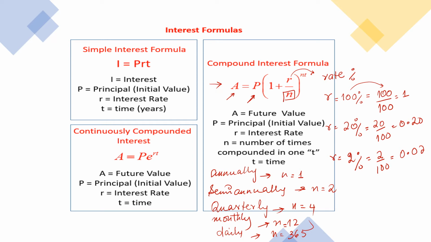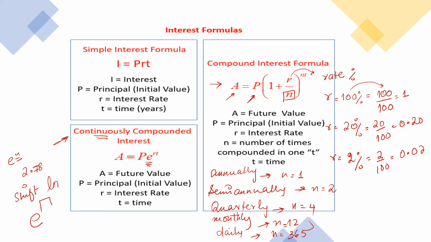Now what if they use the words compounded continuously? In that case you will use the formula A equals P e to the power of RT, where e is a constant. Rather than writing the value of e, which is about 2.718, in your calculator, if you press shift and LN, you will see that e appears on the screen.